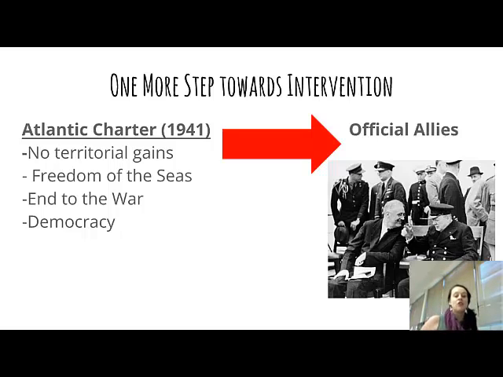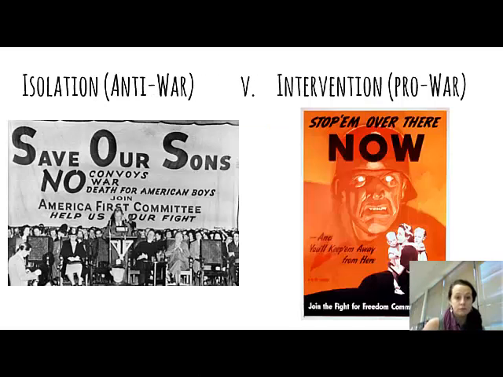And this Atlantic Charter said that basically the United States wanted to support democracy and ending the war. So this was kind of the U.S.'s official declaration that they would be allies with Great Britain. This was a real political move that supported ending the war and transitioning all countries to democracy.